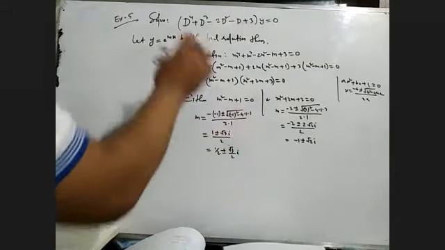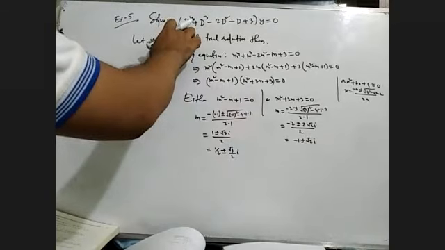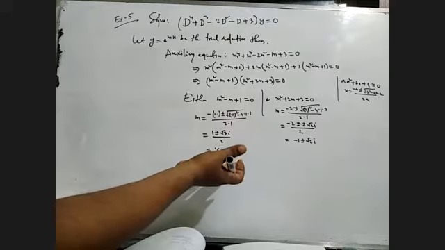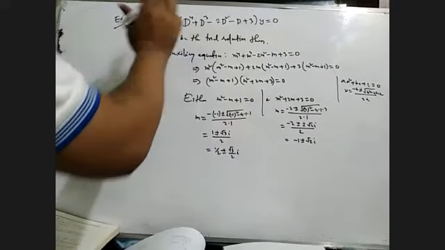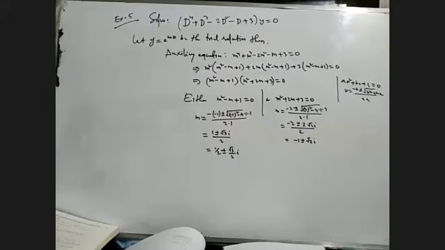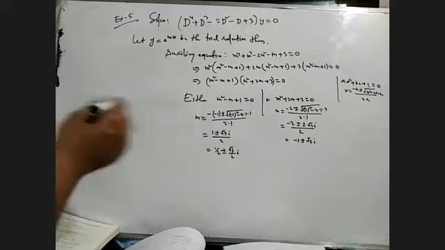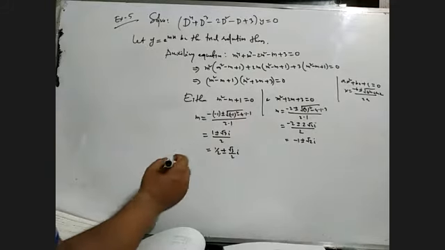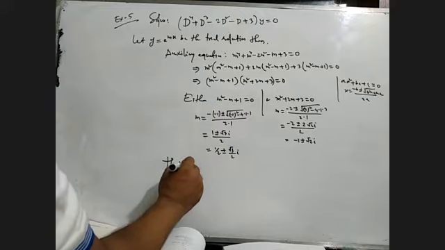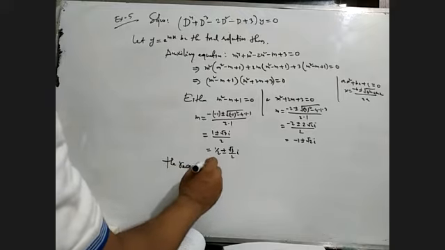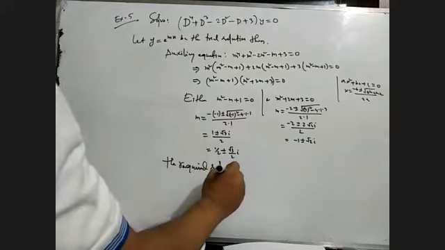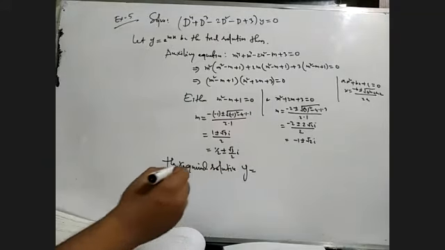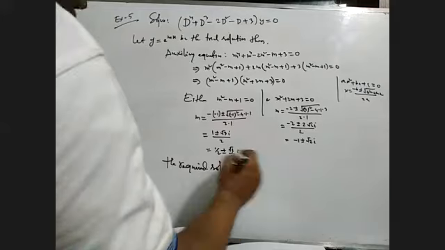We got four roots because the highest order is fourth order. So we got four solutions. Remember it. If the order of the differential equation is n, then the number of solutions will be n. So how to write the solution of this? The required solution y can be written as e to the power alpha x.